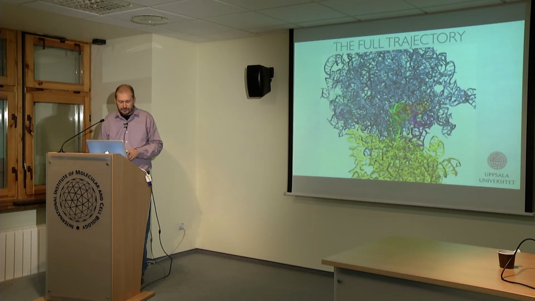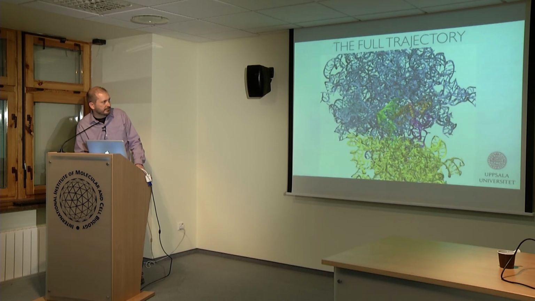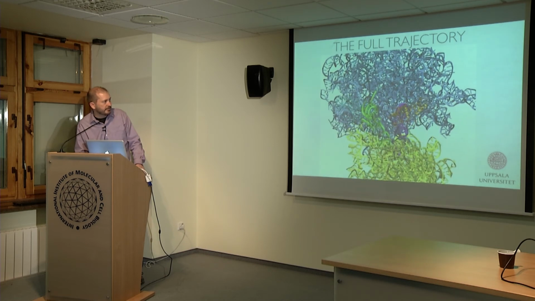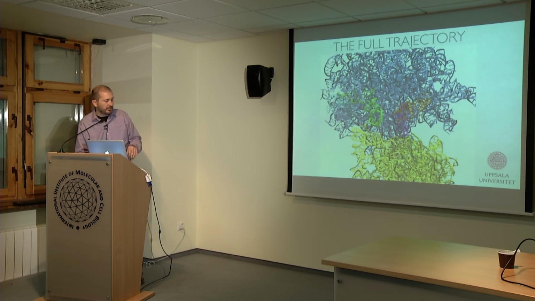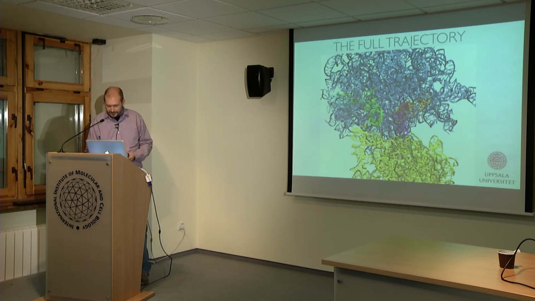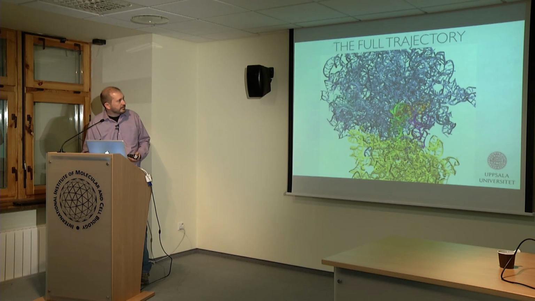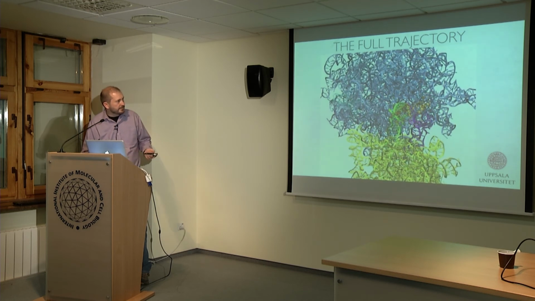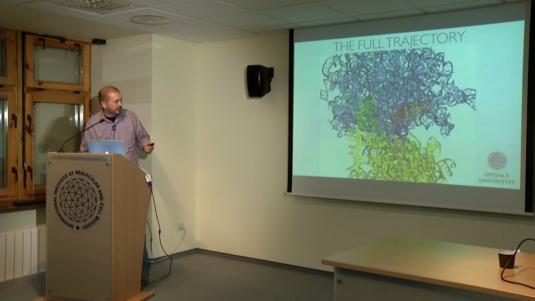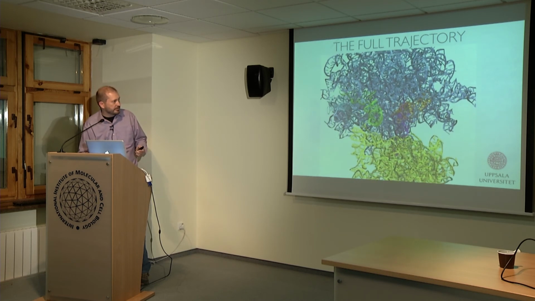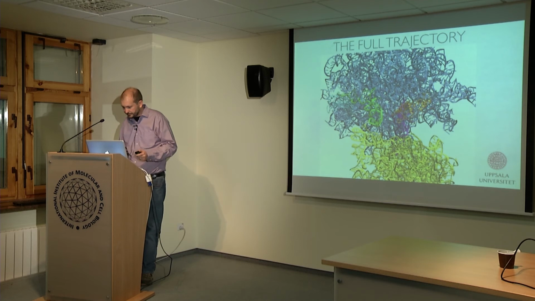And so here's a trajectory of the entire cycle of translocation. You can see here's the post-translocation, and then the yellow one helping the tRNA eject. And this trajectory is downloadable. Or in other words, we're going to distribute it with our paper, which should be out reasonably soon.